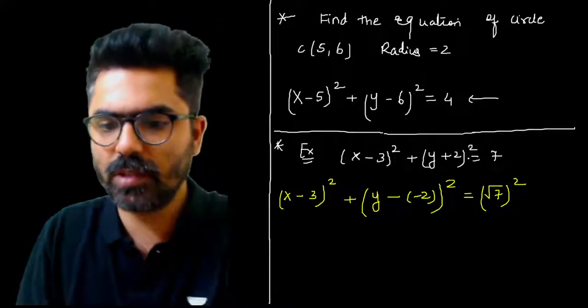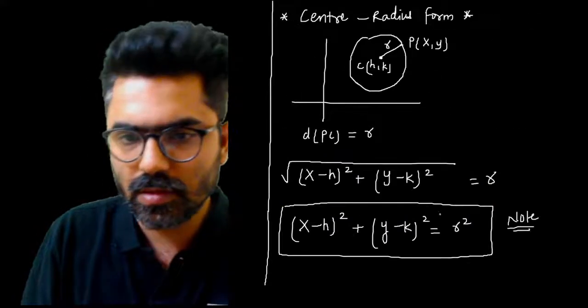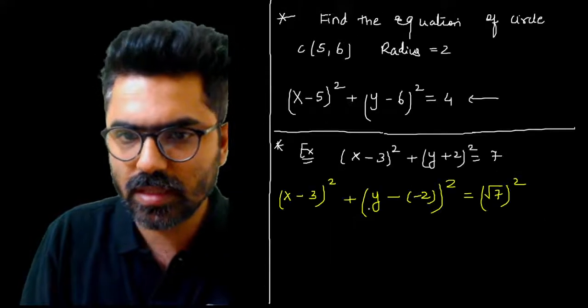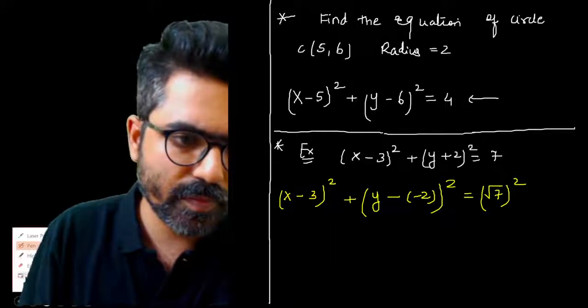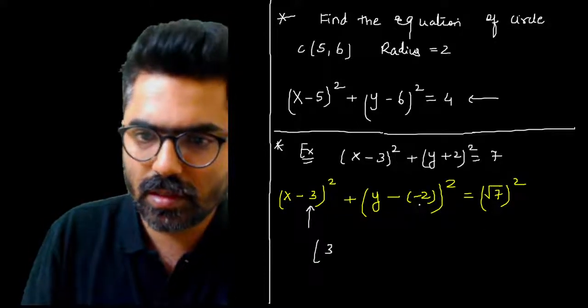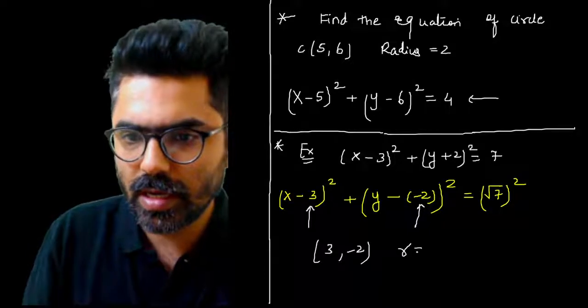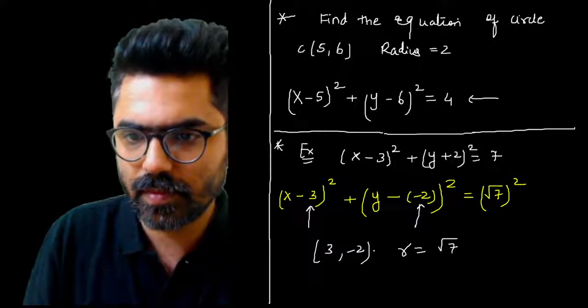Now if you observe this pattern, r is root 7, like this here, x minus h, y minus k. So this part is the x coordinate of the center, this part is the y coordinate, so minus 2, and the radius is this root 7.